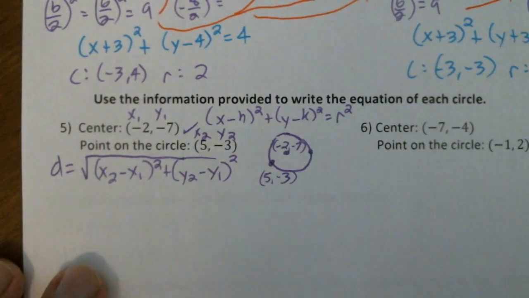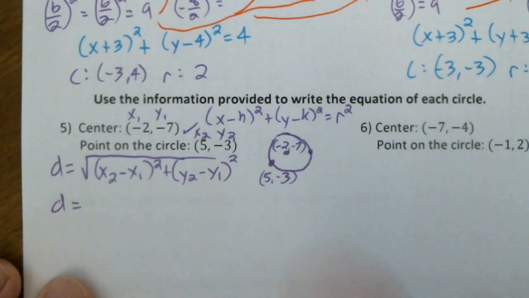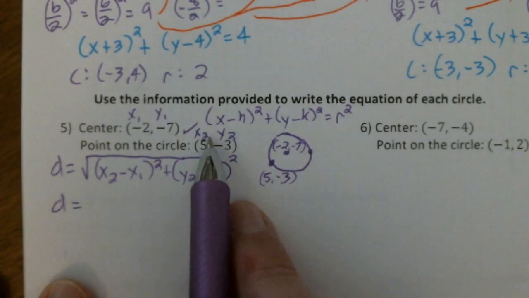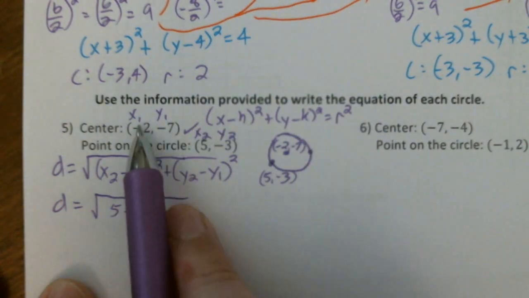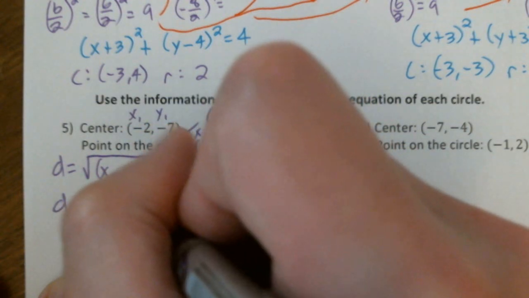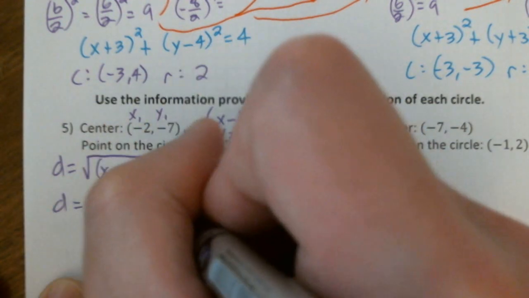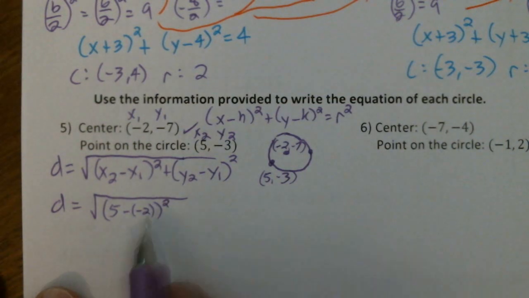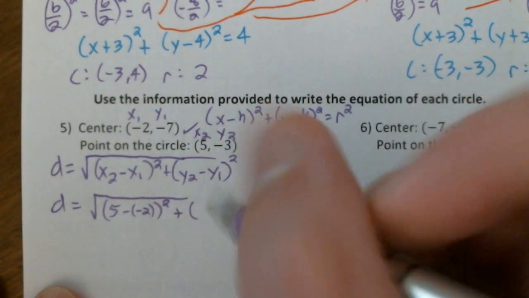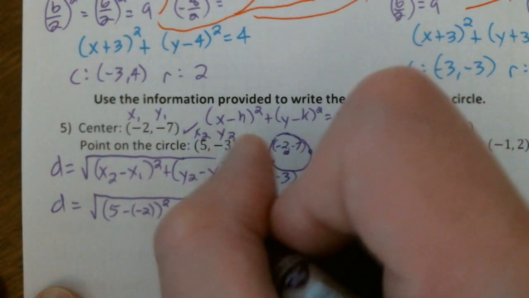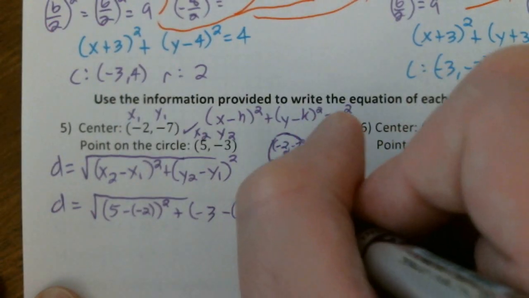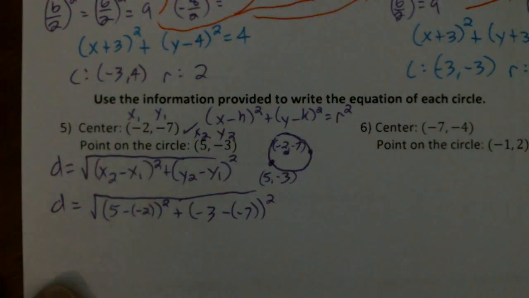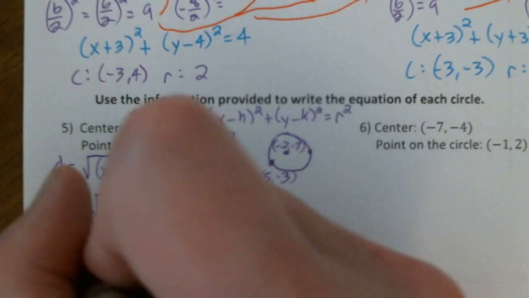All right, so the distance between the center and a point on the circle is going to be the square root of (5 - x1). Now remember, this is a little tricky. I'm subtracting a negative, so I'm going to put a double set of parentheses there. I'm subtracting the -2, plus (y2, -3, minus y1), squared. Got 2 sets of double negatives, no problem.